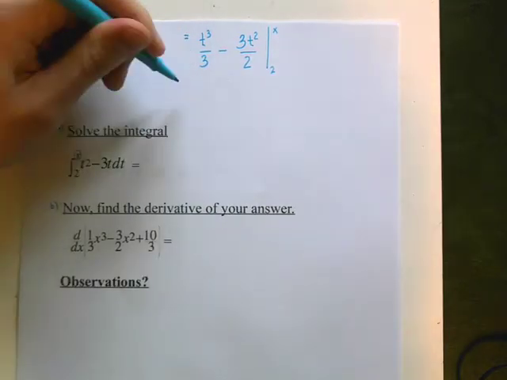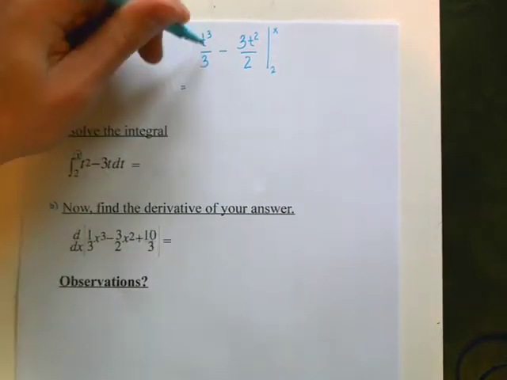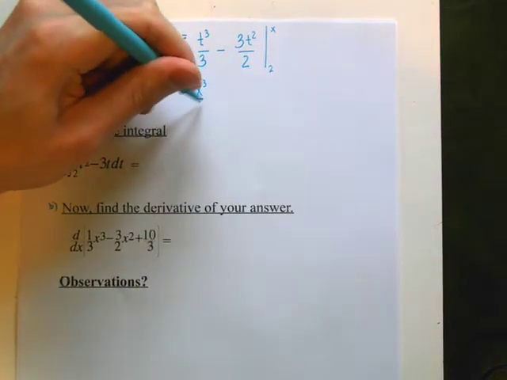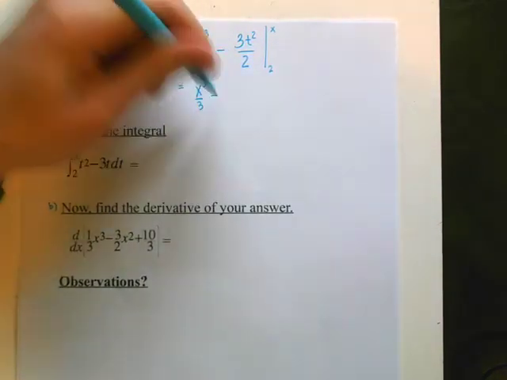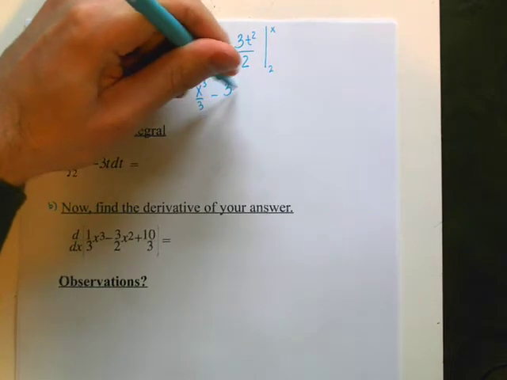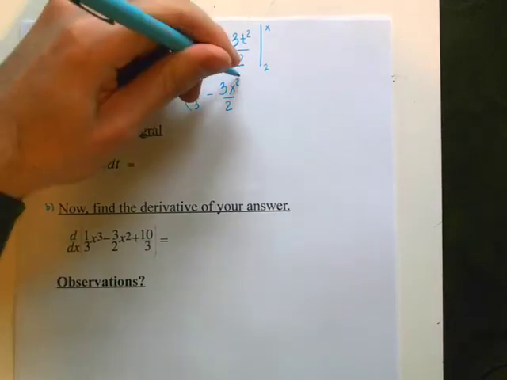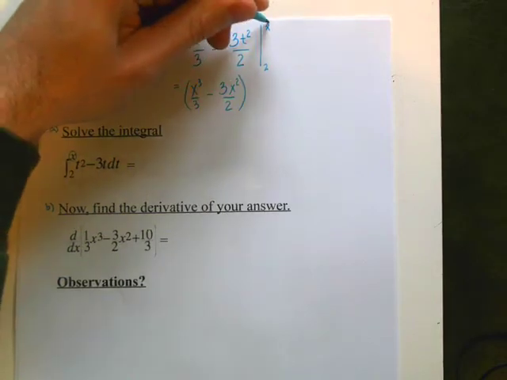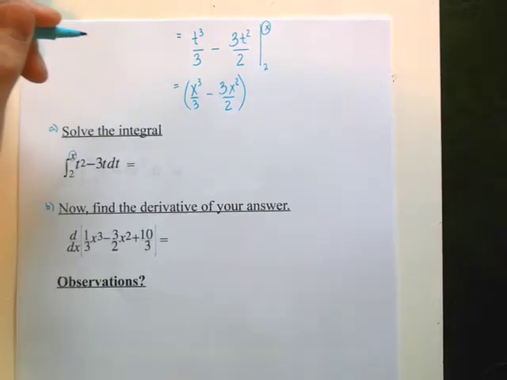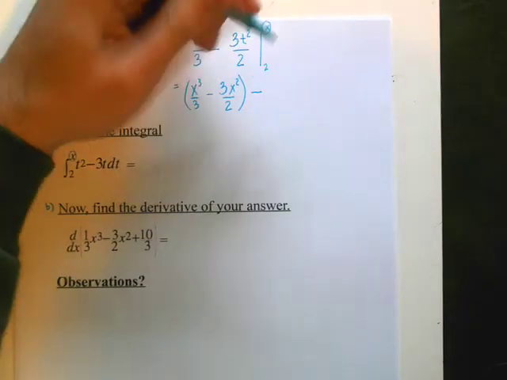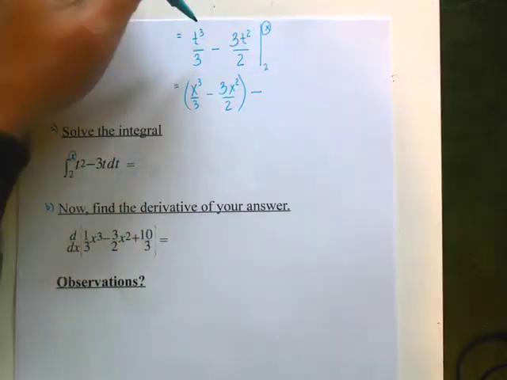So if I were to do that, instead of t to the third, I would get x to the third over 3 minus, instead of 3t to the second, I'd say 3x to the second over 2. Okay, so again, instead of plugging in a number, I just took my x and plugged it in wherever I see t. Now I'm going to subtract out, and now I'm going to plug in the number 2.